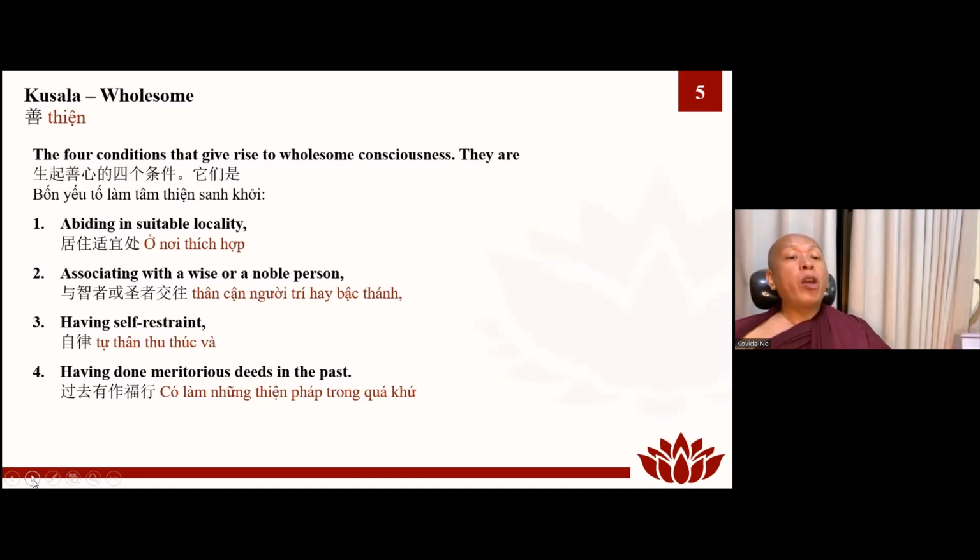That means we have already accumulated many good things in the past. That's why we were born as a human being. Of course, we don't know what kind of wholesome deed we have done, right? If we have insight knowledge or maybe divine power, we can know the past clearly.